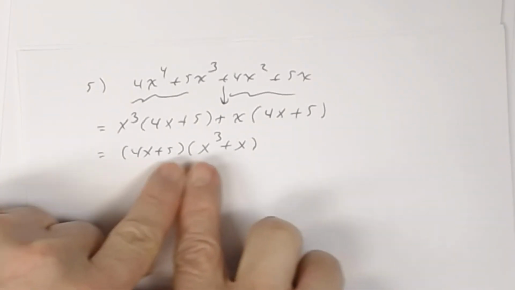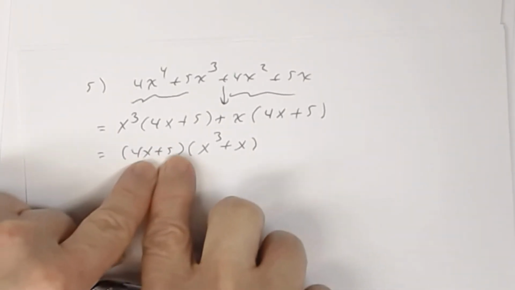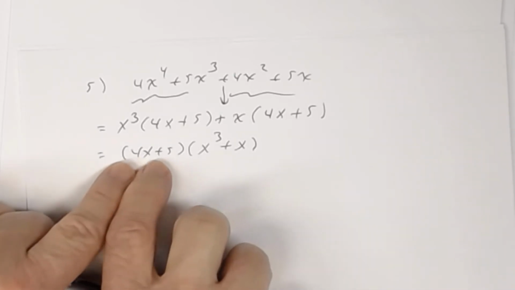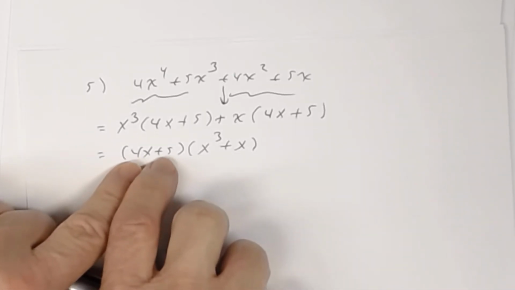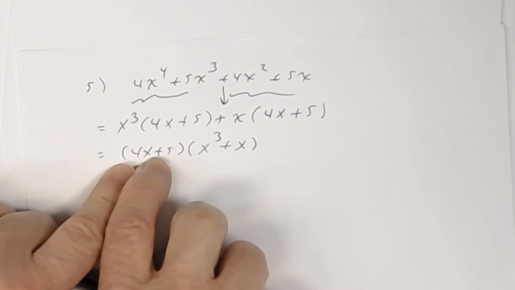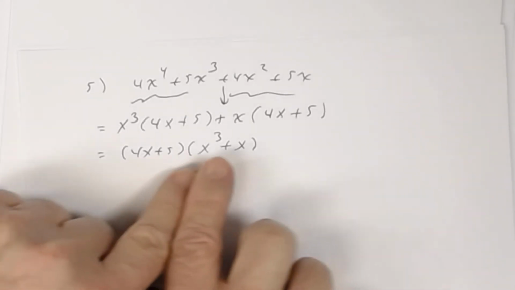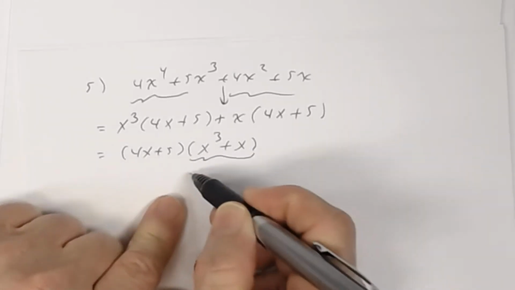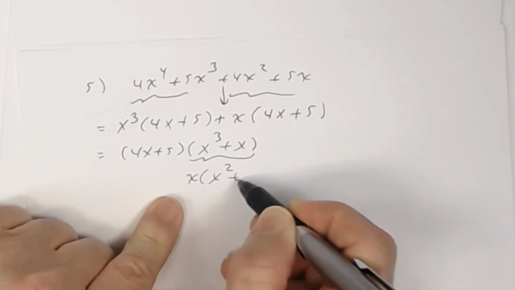So every factor, you got to check and see, can I factor out anything here? Can I factor this further? So if you look at 4x plus 5, the GCF is 1. So you really can't do anything further with that. But here, I can factor out an x. So that means this right here is x times x squared plus 1.